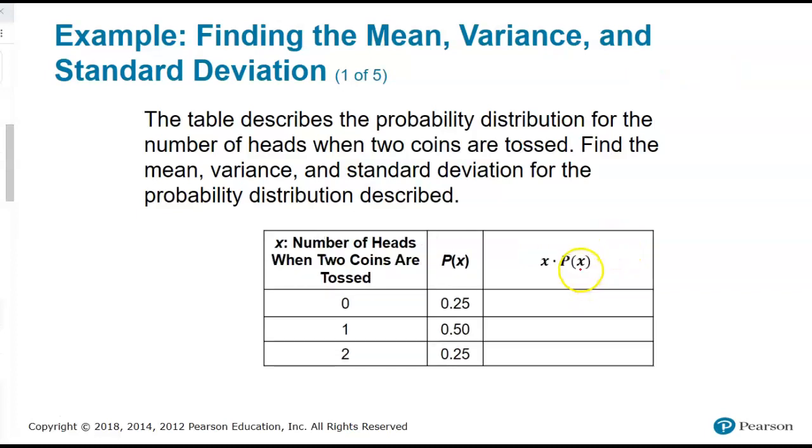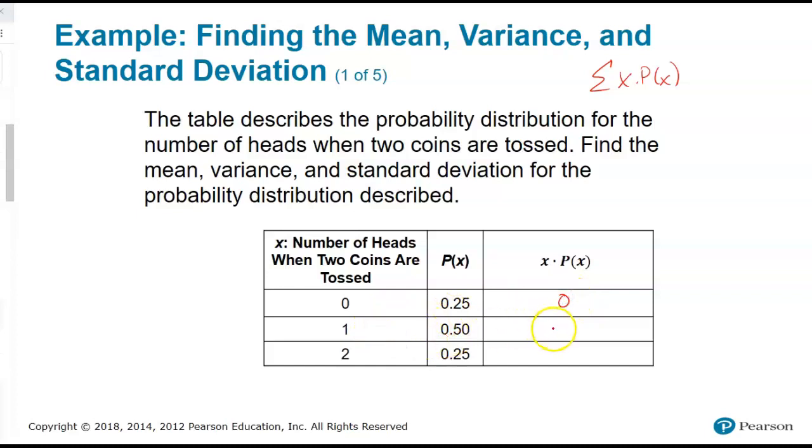To make the chart, what I'm going to do is I'm going to make a column here, and I'm going to put x times p of x, because again, that's what my formula was leading me to need to do, is multiply my random variable and my probability. So if I multiply these two together, this is my x and my p of x. If I multiply these two together, I get 0.